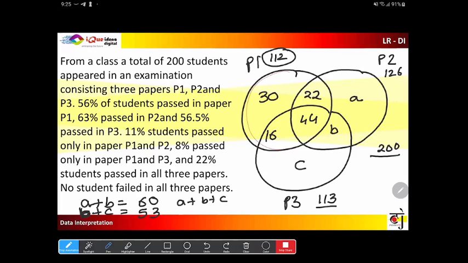A plus B plus C will be 200 minus 112, which is equal to 88. So if A plus B plus C is 88 and A plus B is 60, then C is equal to 28. Similarly, A plus B plus C is 88, B plus C is 53, then A will be equal to 35. And if A is 35, B should be equal to 25. हो गया. The entire table now you can do it.